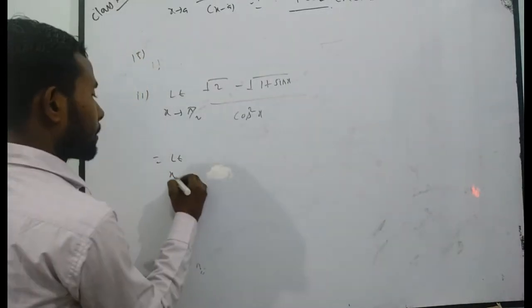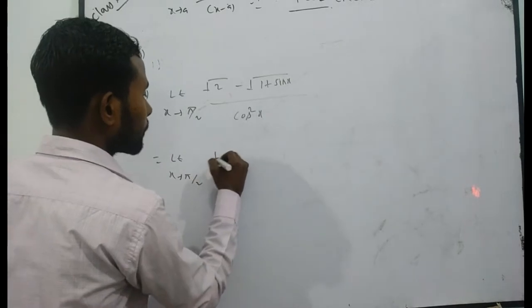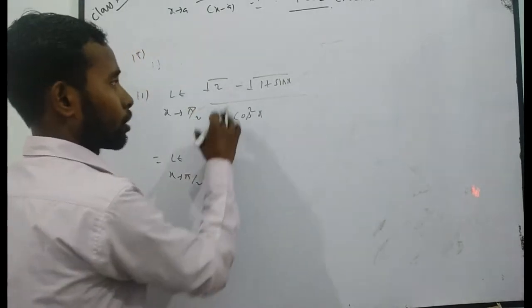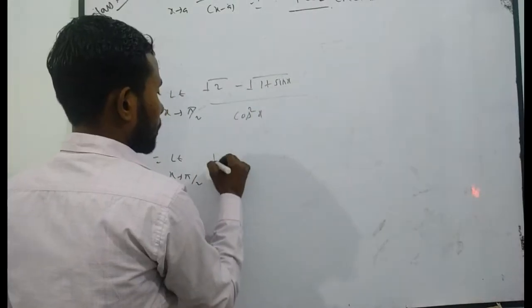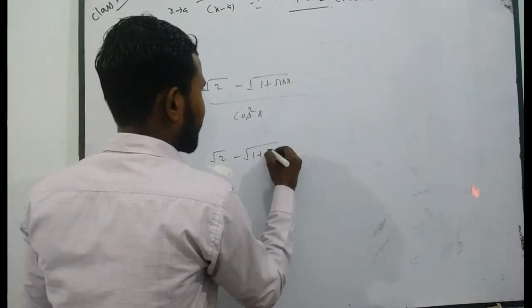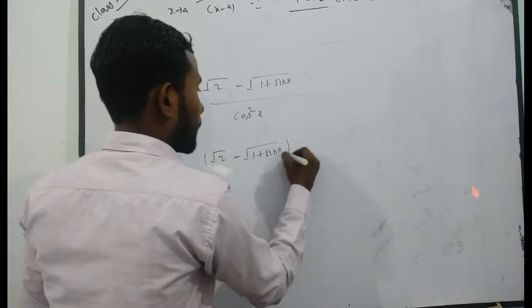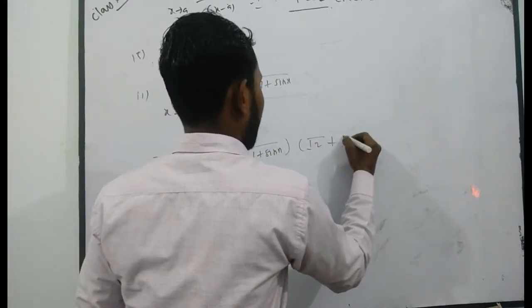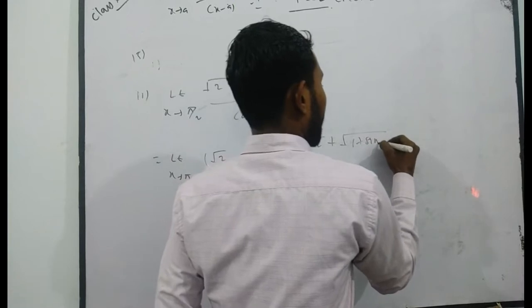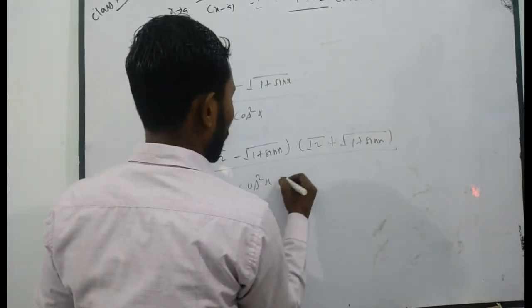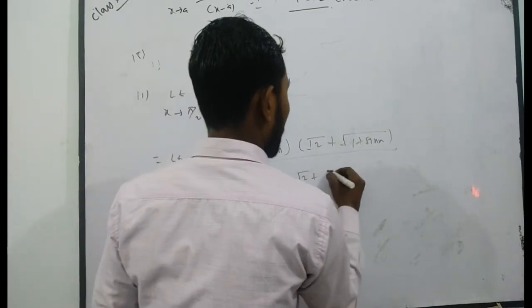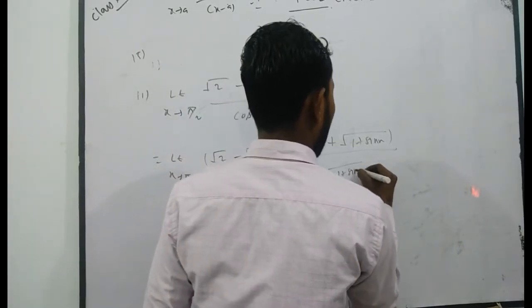See it. Firstly simplify it. If you multiply numerator and denominator by root 2 plus root under 1 plus sin x, what do you get? In the numerator, root 2 minus root under 1 plus sin x into root 2 plus root under 1 plus sin x. Similarly in the denominator, cos square x into root 2 plus root under 1 plus sin x.